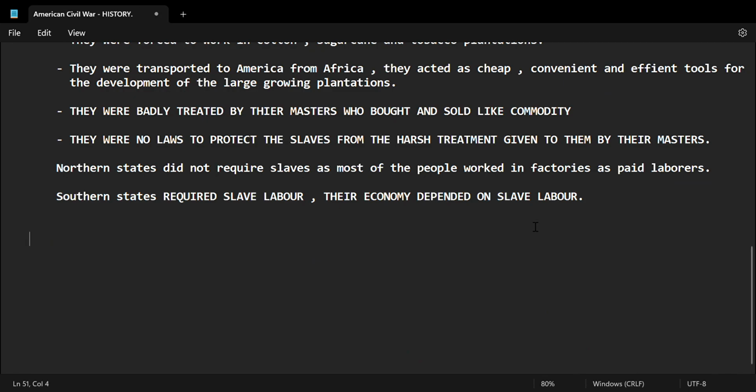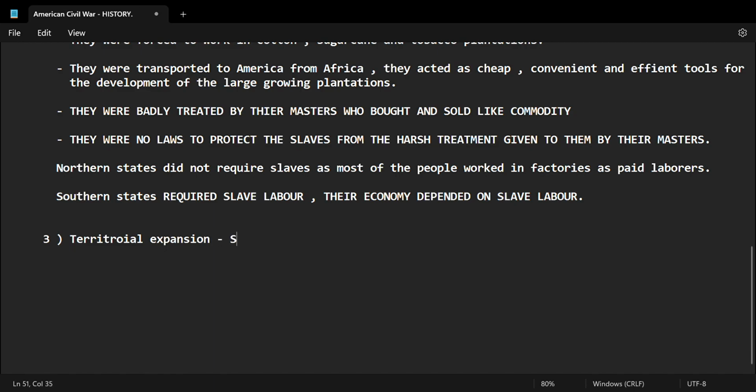Now, territorial expansion. With the expansion of industries in the USA, a large number of people from Britain, Germany, and Ireland settled in the northern states. Number 3, territorial expansion.